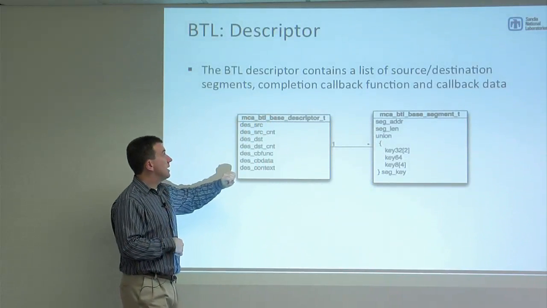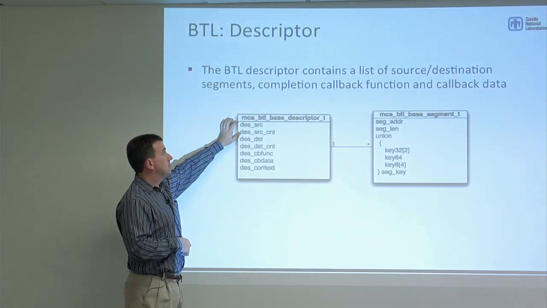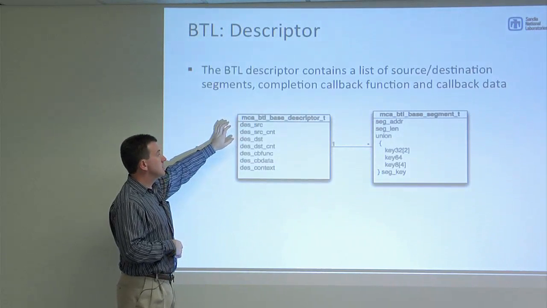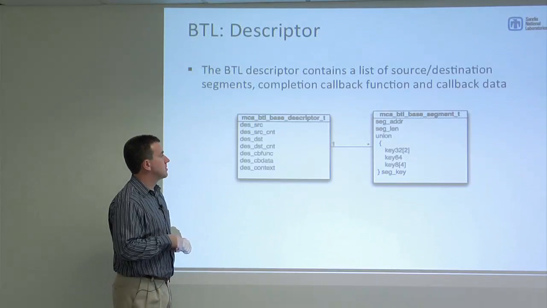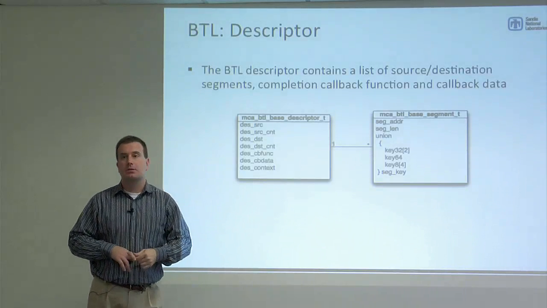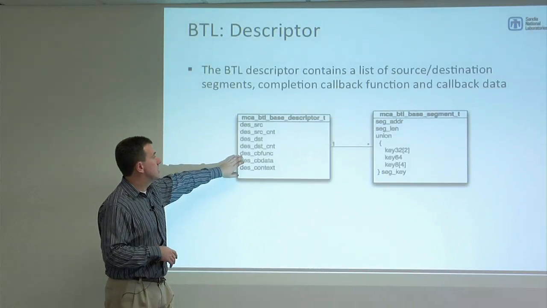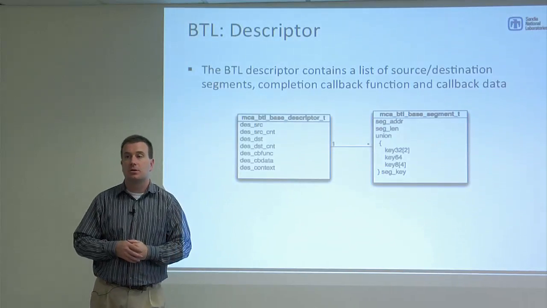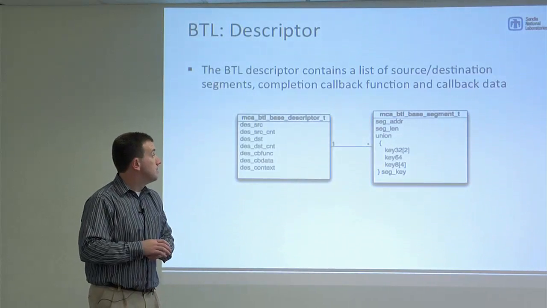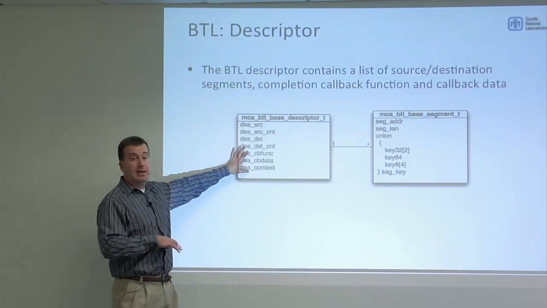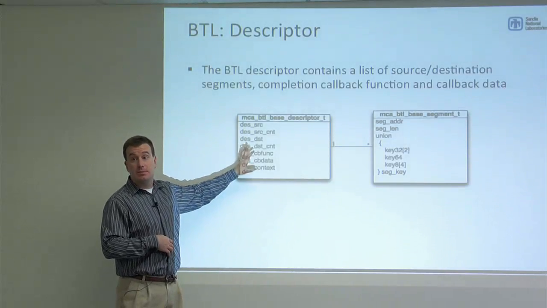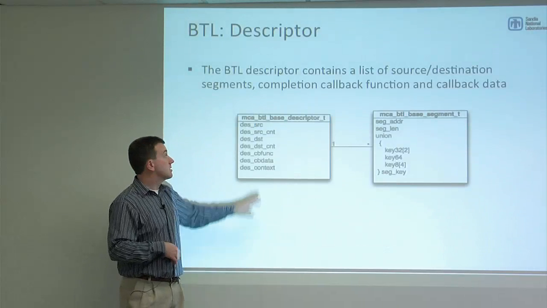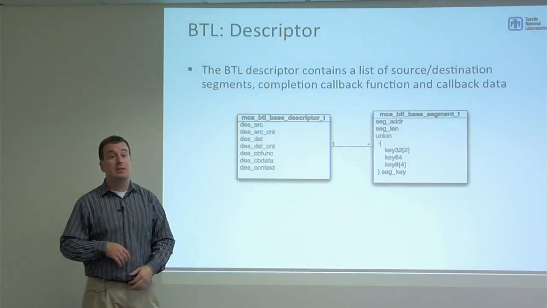And so you can have a source descriptor and a destination descriptor, and then you have some callback functions that get fired when there's completion. So this is where you register a callback function for whenever the send completes locally. But again, this looks a lot like iovecs for people who have done TCP programming with iovecs, except you have both a source and a destination.